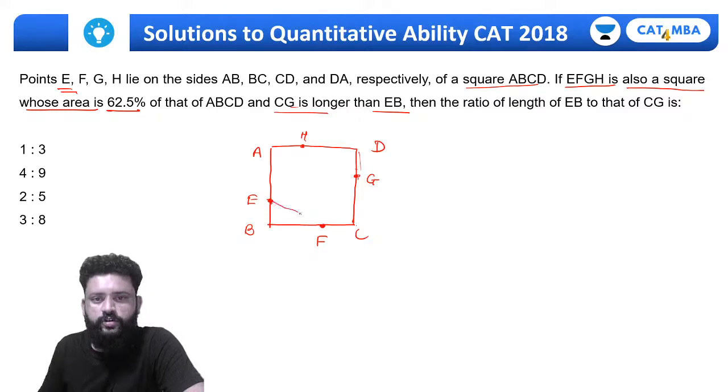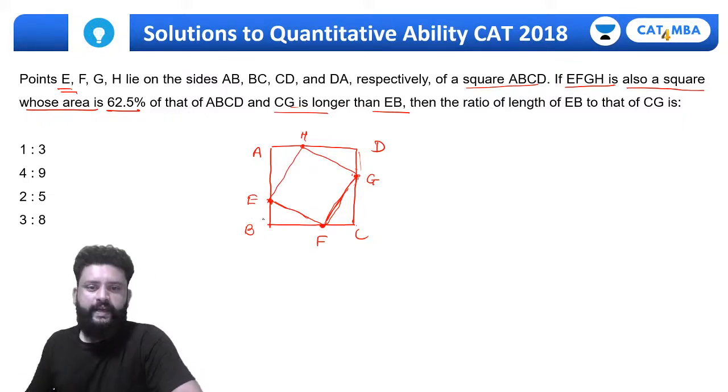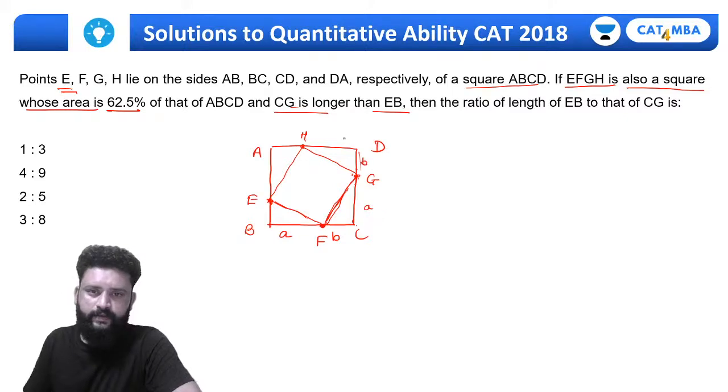So this is also a square. Now what I can do, I take this as a, this will be b, so definitely this will also be a, this is b, this is a, this is b, this is a, this is b.